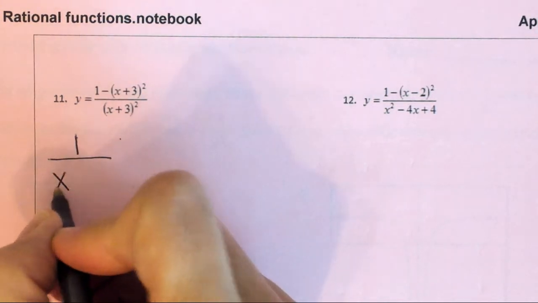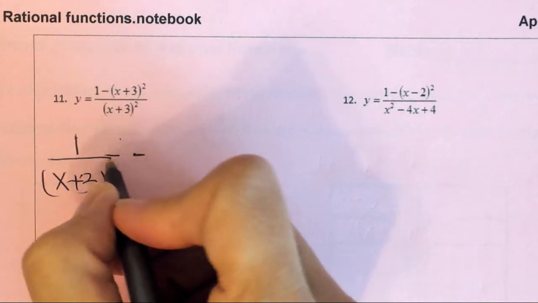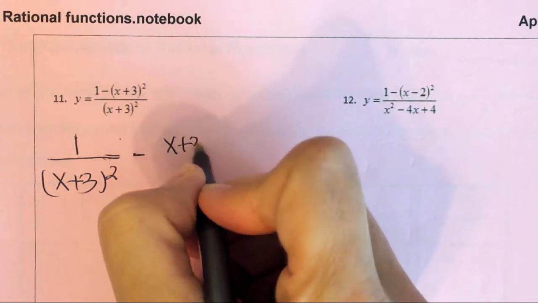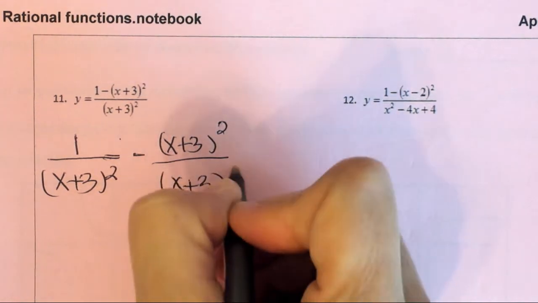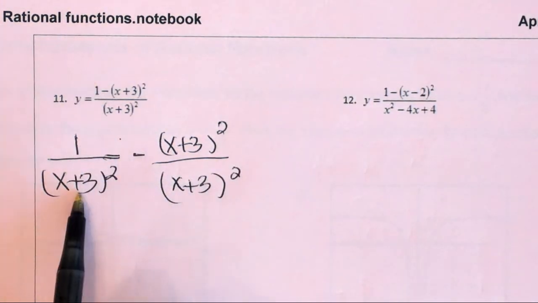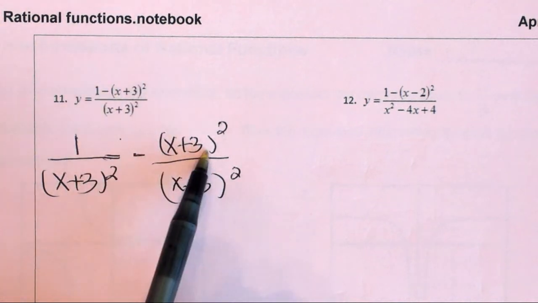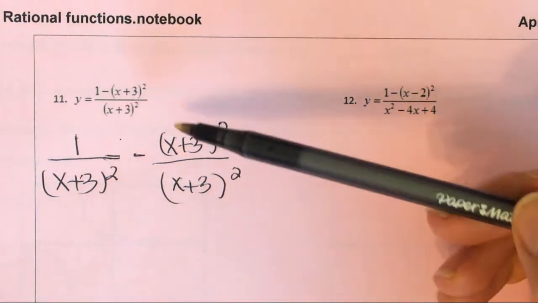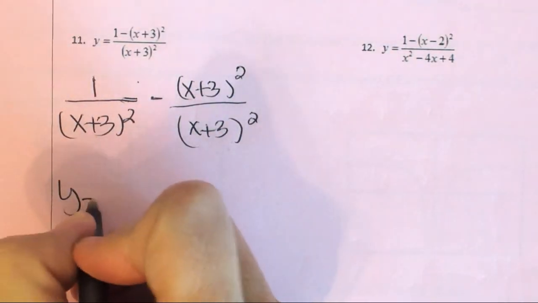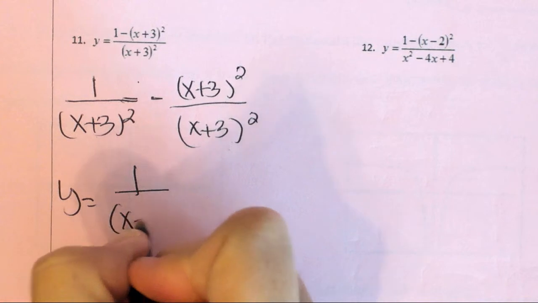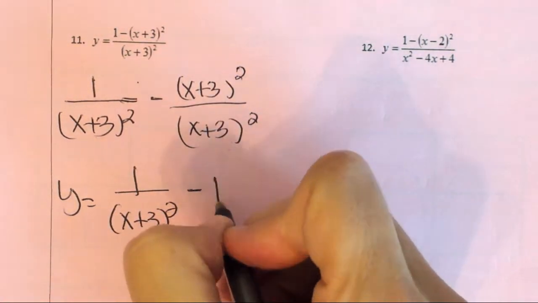So 1 over (x plus 3) squared minus (x plus 3) squared over (x plus 3) squared. So I took this first number and put it over (x plus 3) squared, and then I took the second term and put it over (x plus 3) squared. Well, anything divided by itself is 1. So we have y equals 1 over (x plus 3) squared minus, and again, anything divided by itself is 1.